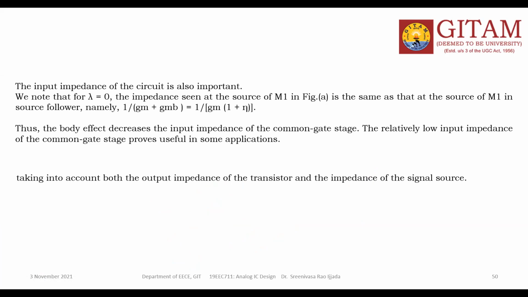As I told you in the earlier classes, for any kind of amplifier, we calculate the voltage gain, current gain, input impedance and output impedance, first without source and without load. Then with consideration of the load, the output impedance with the load, as well as the input resistance with the source resistance.